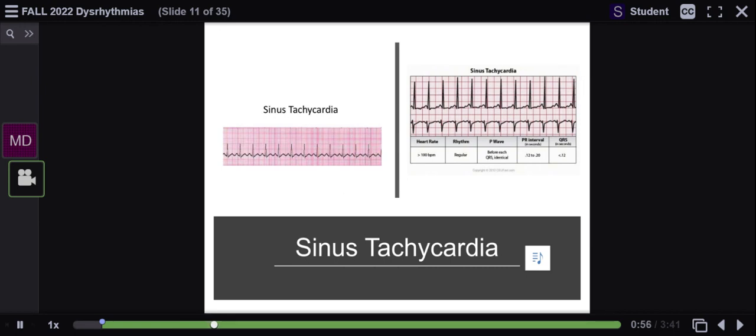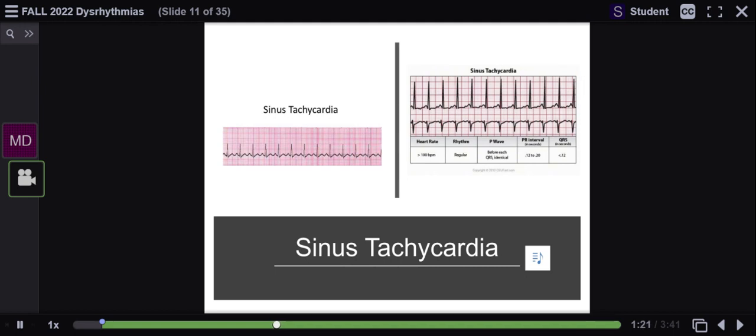So, what are the signs and symptoms of patients with sinus tachycardia? They can be anxious. Sometimes they don't know that they're having sinus tachycardia as well. And most of the time, for really acute patients, the reasons they're getting sinus tachycardia are your H's and your T's.